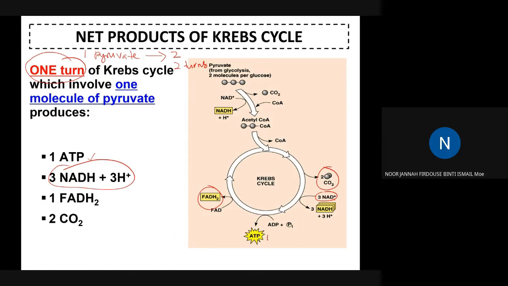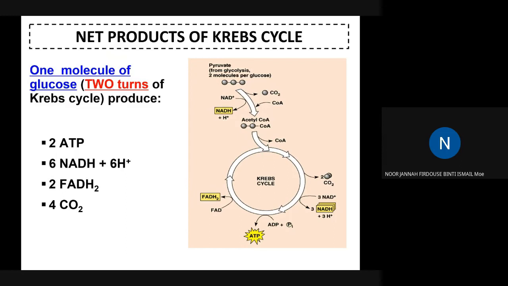One turn maksudnya satu pyruvate. So kita ada 2 pyruvate, dia patutnya ada 2 turns lah. Okay, thank you madam. So ni 1 molecule of glucose, meaning we should have 2 turns of Krebs cycle. Okay. Jadi Krebs cycle kalau lengkap satu glukos, maka sepatutnya kita ada 2 ATP, 6 NADH, 2 FADH2 dengan 4 carbon dioxide.